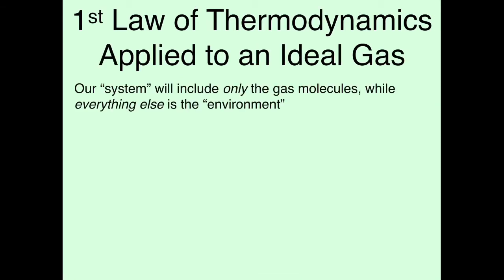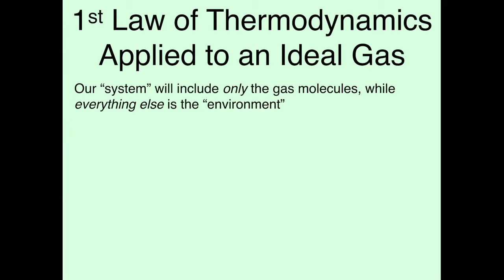All right, so next, let's see how we can apply the first law of thermodynamics to an ideal gas. So our system is going to include some collection of gas molecules, but nothing else. So our system is just the gas itself. Everything else is going to be the environment. Now, what you should be imagining is the gas is in some kind of container, and that container is not moving in any noticeable way, right?